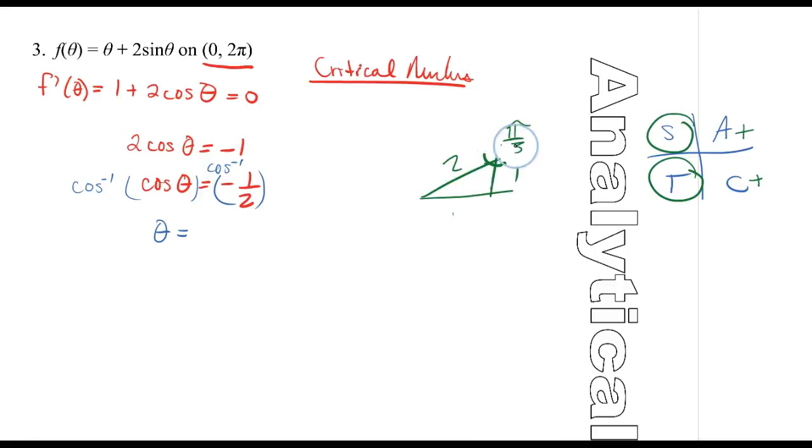And we are using the radians, not degrees. So pi over 3 in the second quadrant is going to be pi over 3 less than pi is 2 pi over 3. And in the third quadrant is going to be pi over 3 more than pi, so 4 pi over 3.